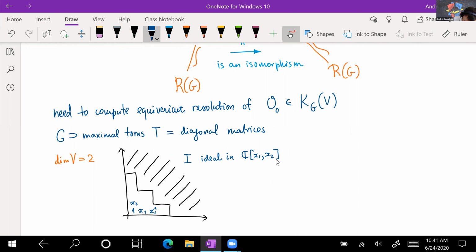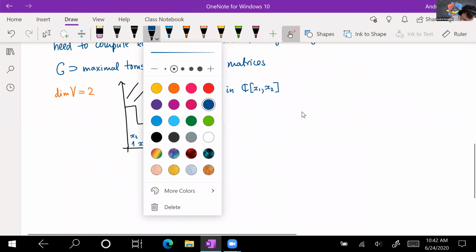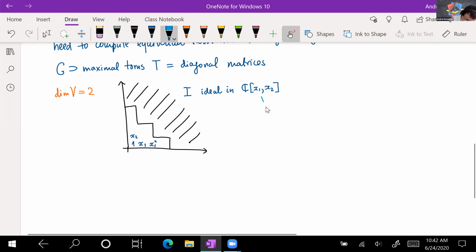It doesn't matter what the field is. And so then if I want to know the resolution of the quotient by this ideal, let's call this ring R.